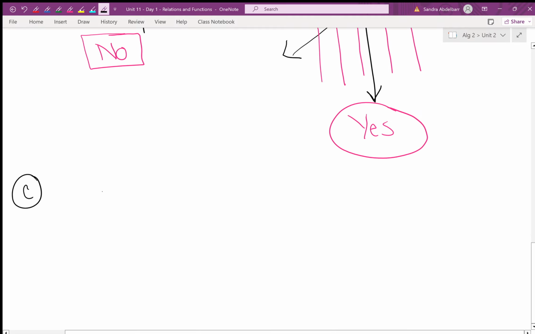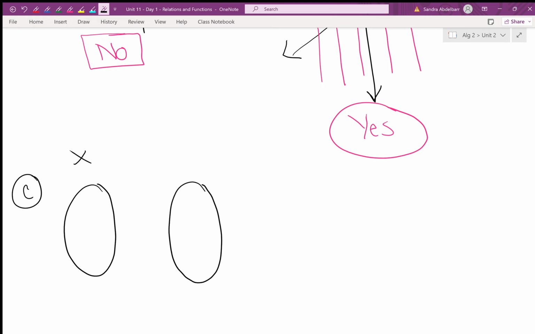All right, so now this isn't a graph. This is a set of x-coordinates and a set of y-coordinates. These are the x-coordinates 1, 2, 3, 4. And the y-coordinates are 1, 4, 9, 16. So see how I'm drawing lines connecting the x-coordinates to the y-coordinates? That means it's (1, 1), (2, 4), (3, 9), (4, 16).